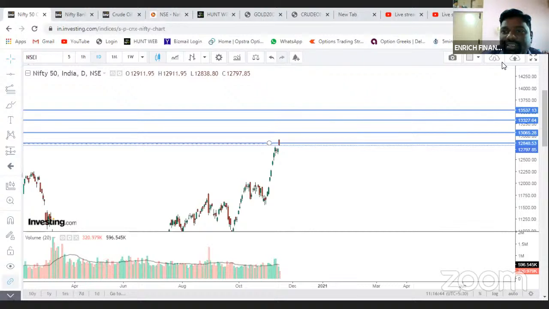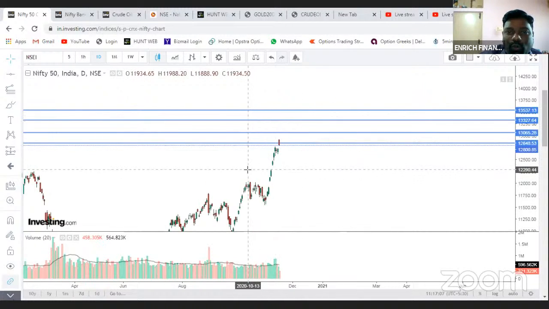If it is comfortably crossed, we can expect the market to touch another 13,050 to 13,100, which is the next resistance level. If that is broken, another 250 to 300 points. These are the levels we describe from several technical tools, and we expect the market to react from these areas.